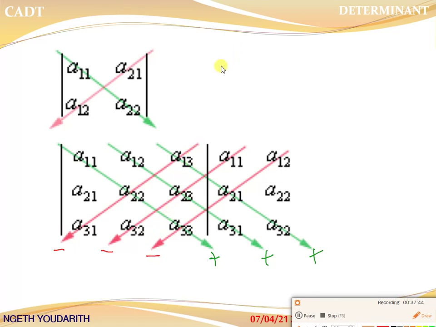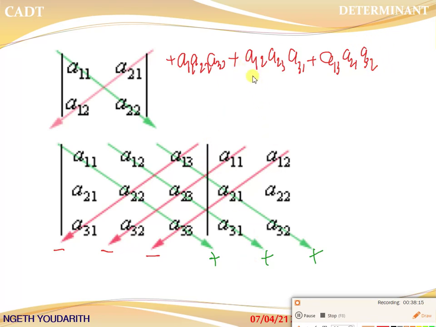So we get A11, A22, A33, which is negative, plus this one: A12, A23, A31, plus A13, A21, A32.